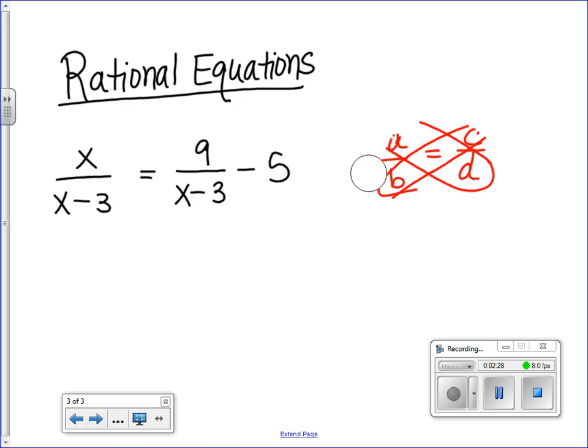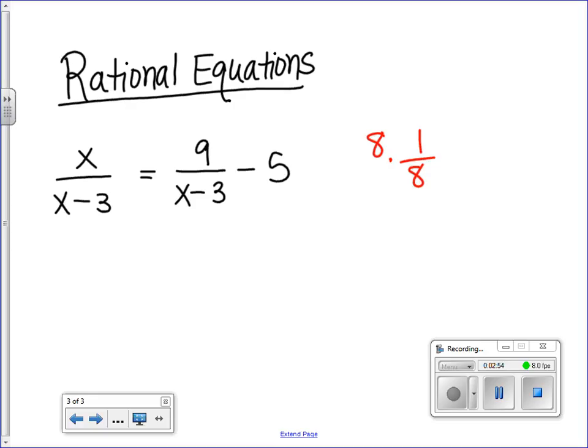So that's wonderful. Except that I have this pesky 5 right here, so I really don't want to have to deal with that. Since both of these are exactly the same, x minus 3 and x minus 3, I could just multiply everything times x minus 3. And then what will happen? Like if I have 1 over 8 and I multiply times 8, what happens to those 8s? They cancel, right? So I'm going to multiply everything times x minus 3.